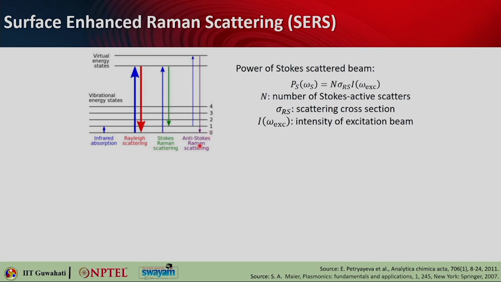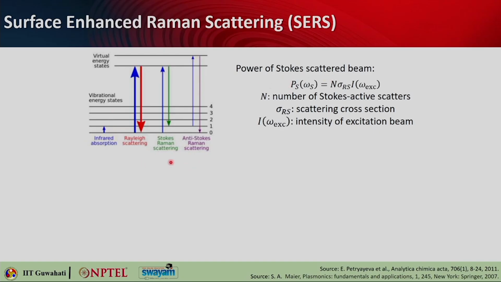The other case is also possible, where you start from the first state, but while you come back to the 0 state you release more energy. These are different vibrational energy states, and this case is called anti-Stokes Raman scattering.